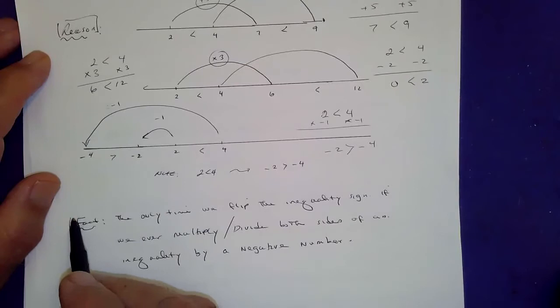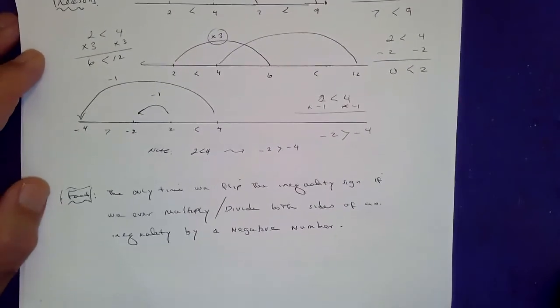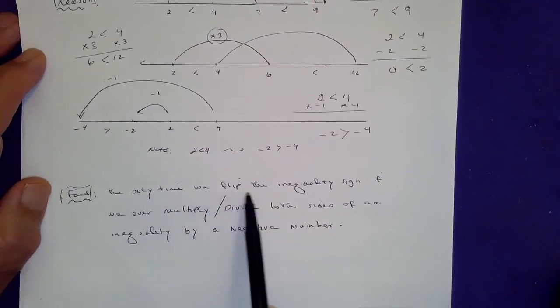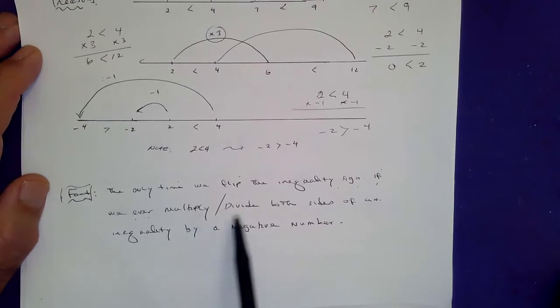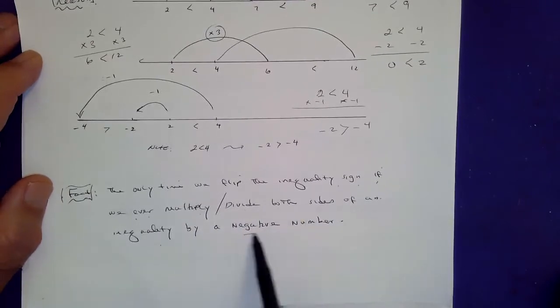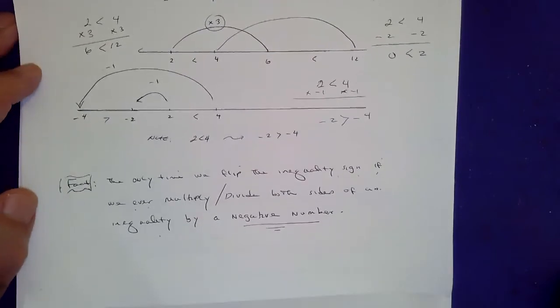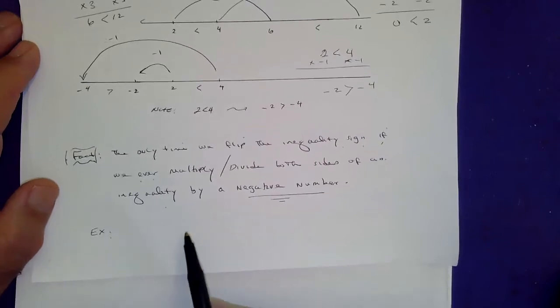Therefore, here is a fact of life to remember when you are in section 2.5. The only time we flip the inequality sign is if we ever multiply or divide both sides of an inequality by a negative number.